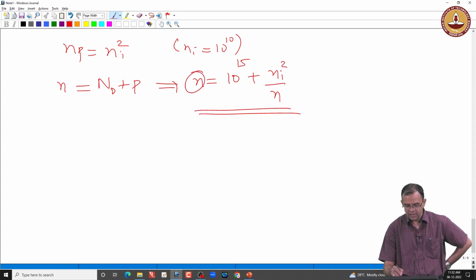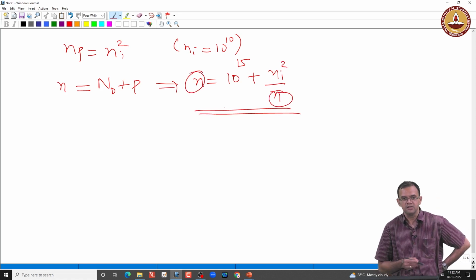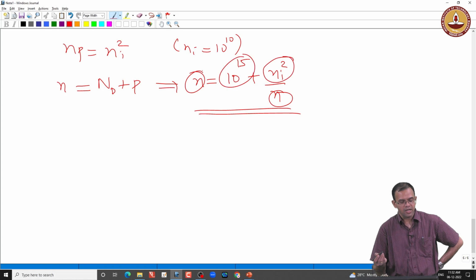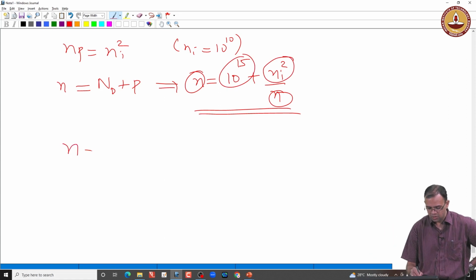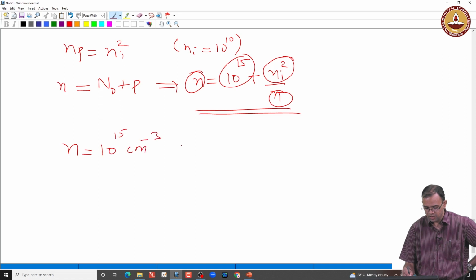You have N here, you have N here. I can show you the math, but remember Ni is very small, right? Ni is only 10 power 10. This is 10 power 15. If you actually do the simplification, you will get N to be 10 power 15.